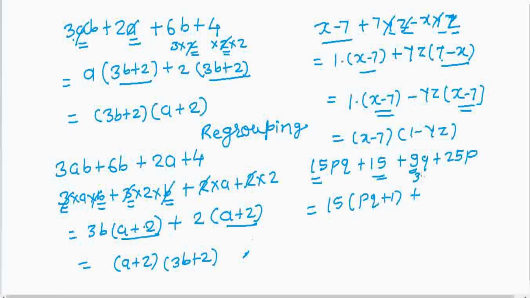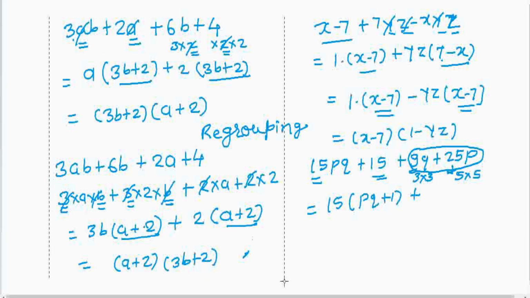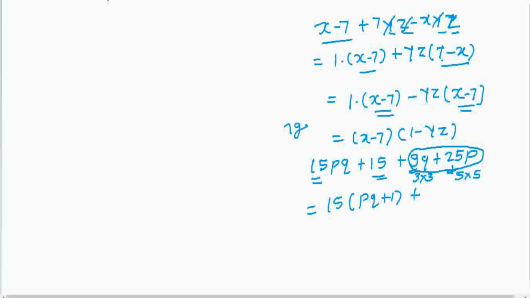Factorization of 9 is 3 into 3. Factorization of 25 is 5 into 5, and for these two terms nothing is common. So we cannot factorize these terms if we keep them as they are, and that is why it is necessary to rearrange or regroup these terms, by changing the place of these terms, and that change may give us a factorization.